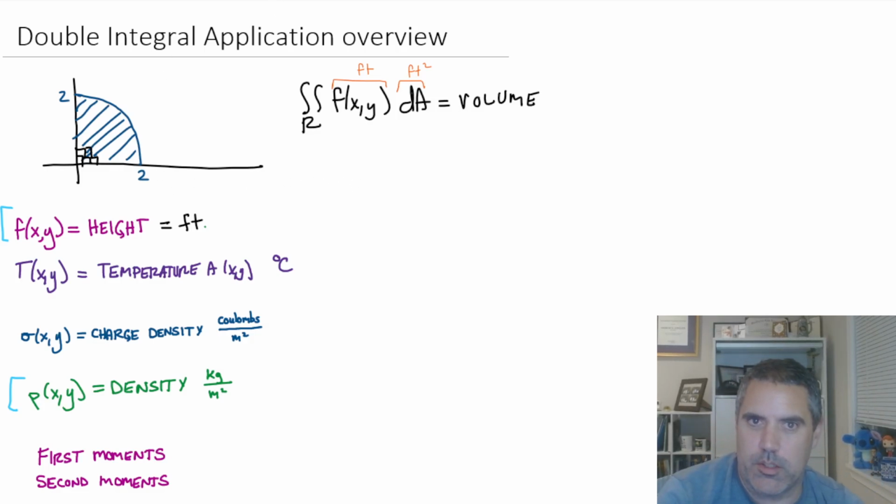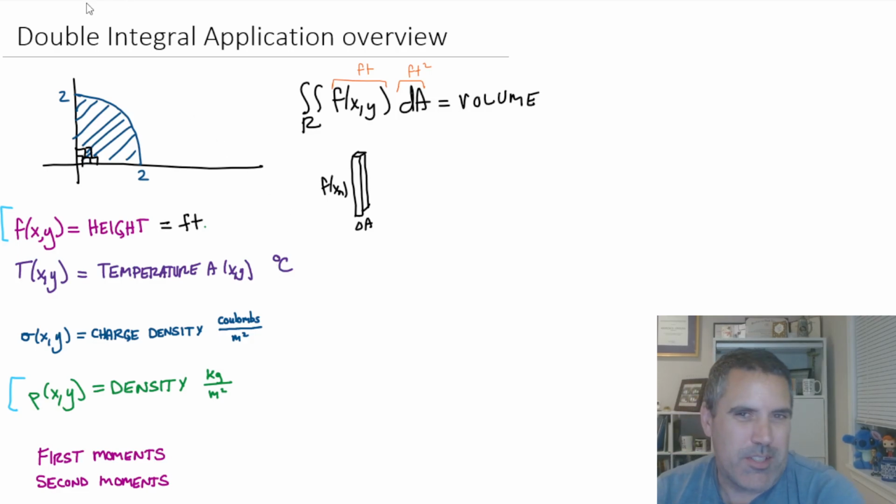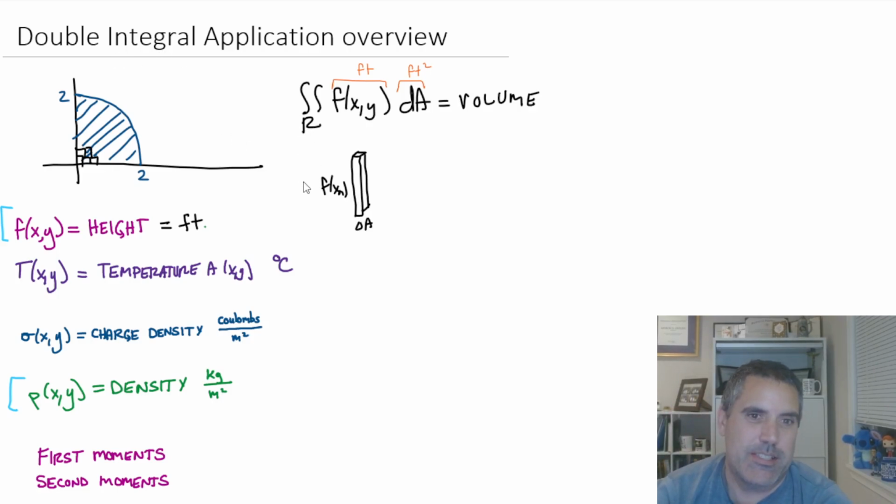But what we're really doing, as we talked about when we did the Riemann sum idea, was multiplying the height, which was the f of x, y, times the area of the base. But we do multiplication like this in many situations where it doesn't represent height, but represents something else. So this still would do the same thing.